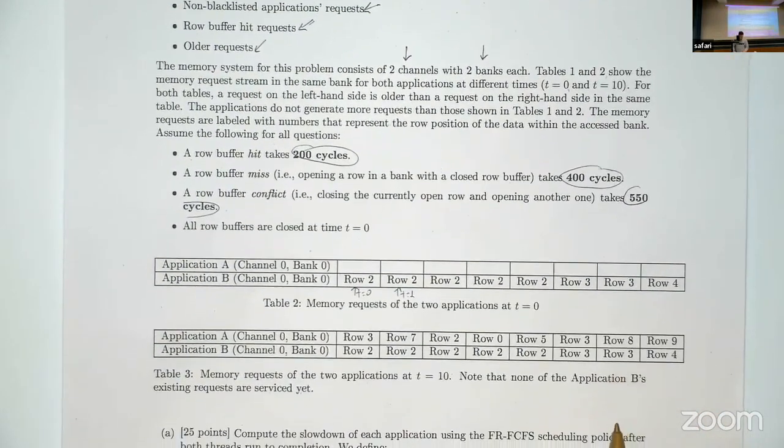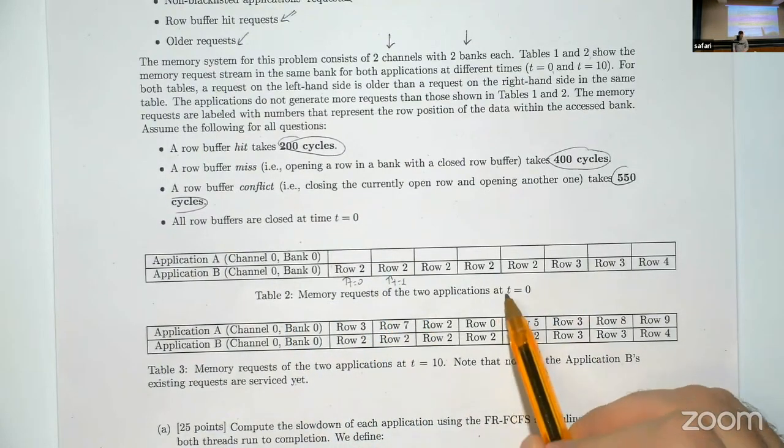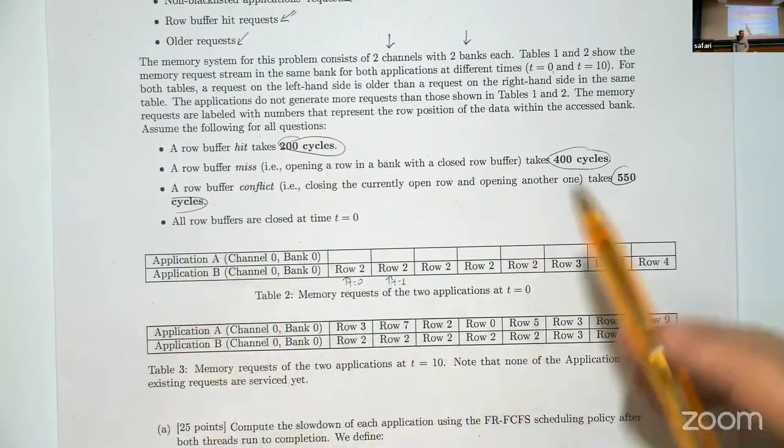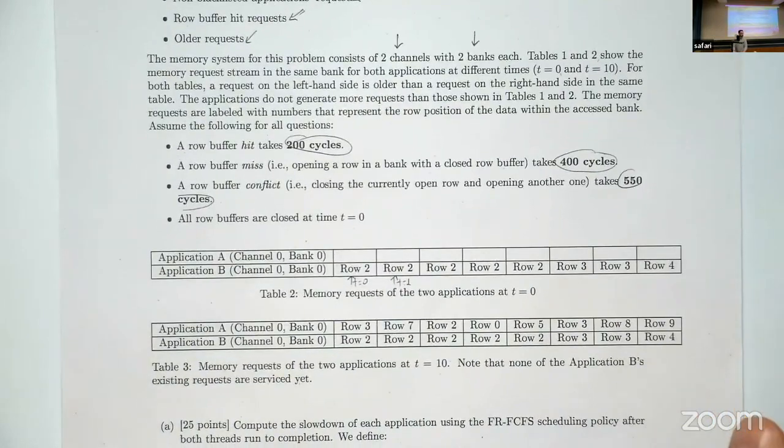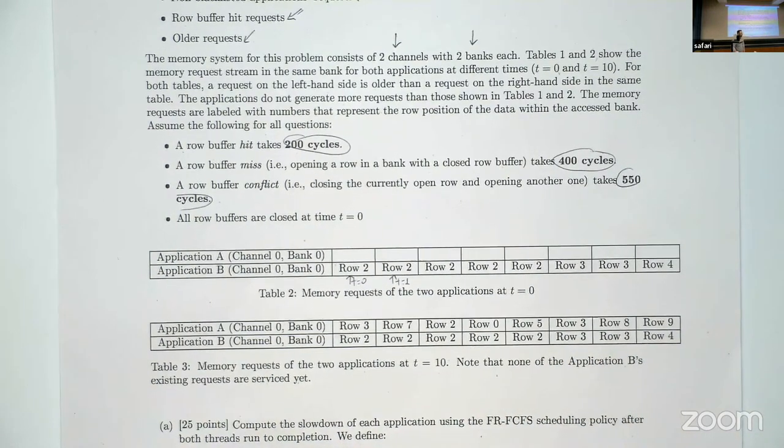So we see these two streams. These are the memory requests of the two applications at t equals 0. As you can see, application A has not issued any requests. It's only application B that has issued 8 requests. And then at t equals 10, both applications have 8 requests. As it says in the caption here, note that none of application B's existing requests are serviced yet.